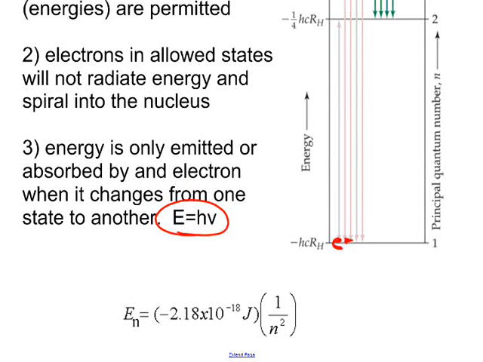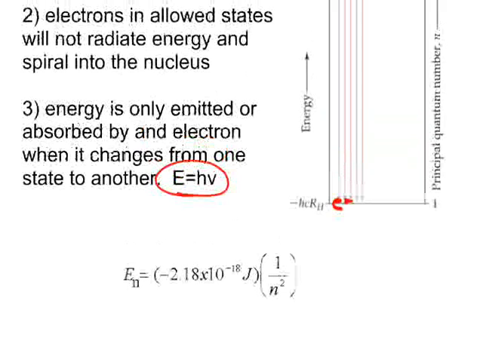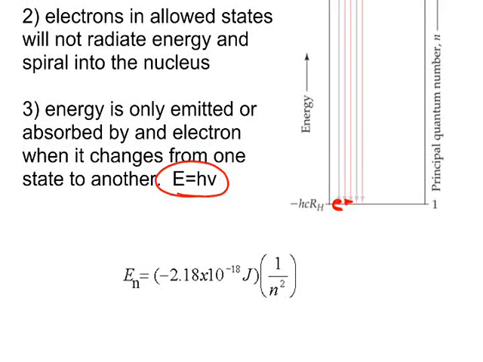Bohr was able to come up with an equation that described the energy of these. So you had basically Planck's constant, the speed of light, and the Rydberg constant, R, factored into this number here. And then the 1 over n squared, where n represents the principal energy level.